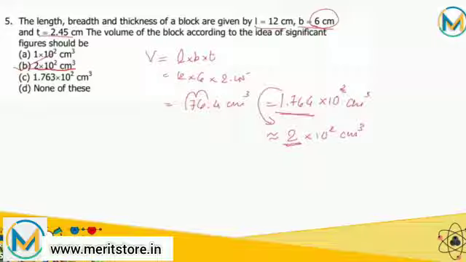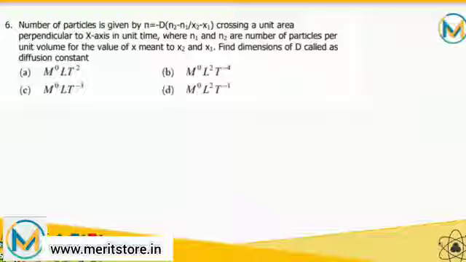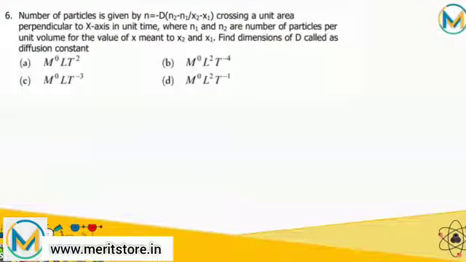Looking at the next question. The number of particles is given by n is equal to minus D times n2 minus n1 upon x2 minus x1, crossing a unit area perpendicular to the x-axis in unit time, where n1 and n2 are the number of particles per unit volume at the values of x equal to x2 and x1.